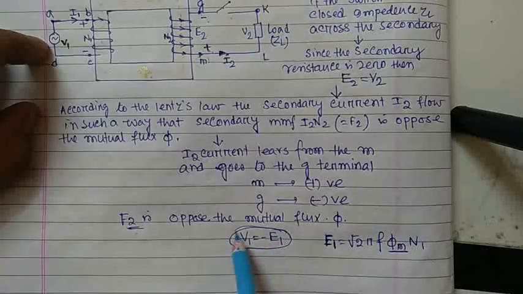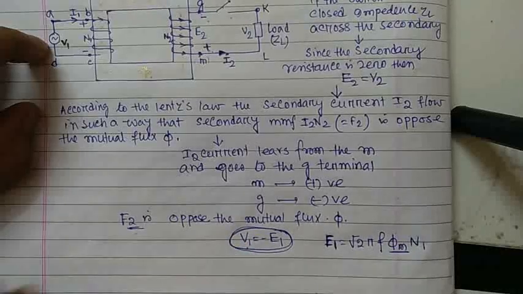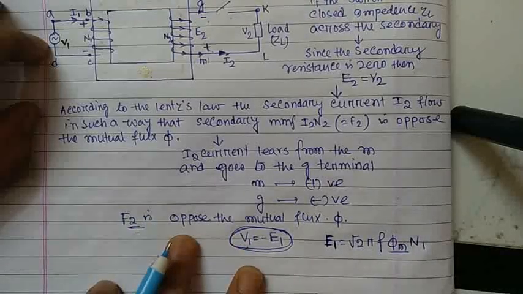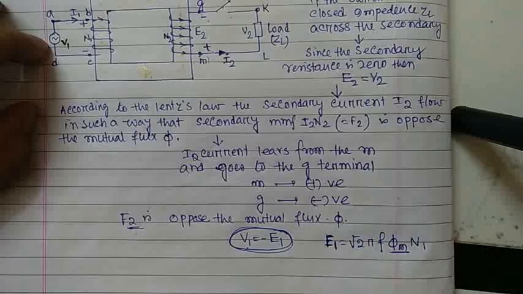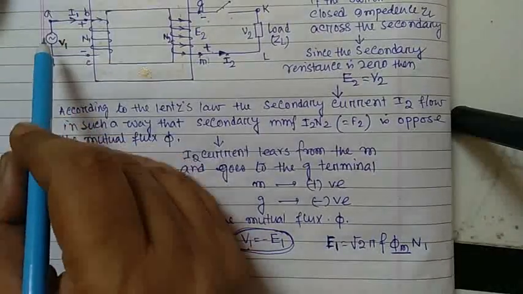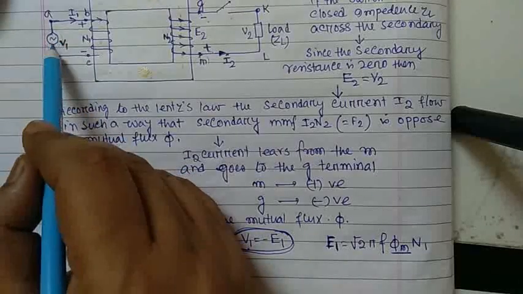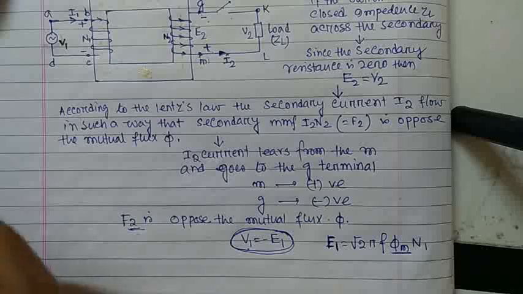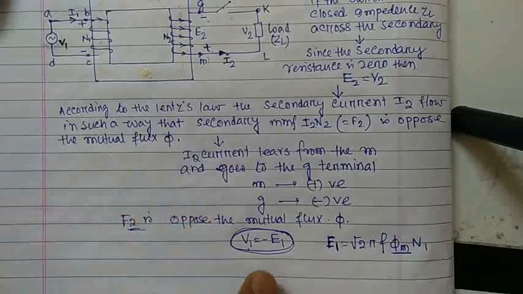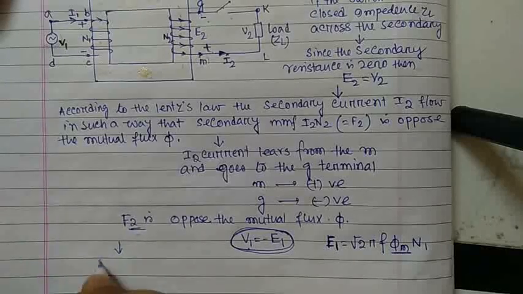Again we know that E1 is equal to V1, the applied voltage. If the applied voltage V1 is constant, then E1 should be constant.